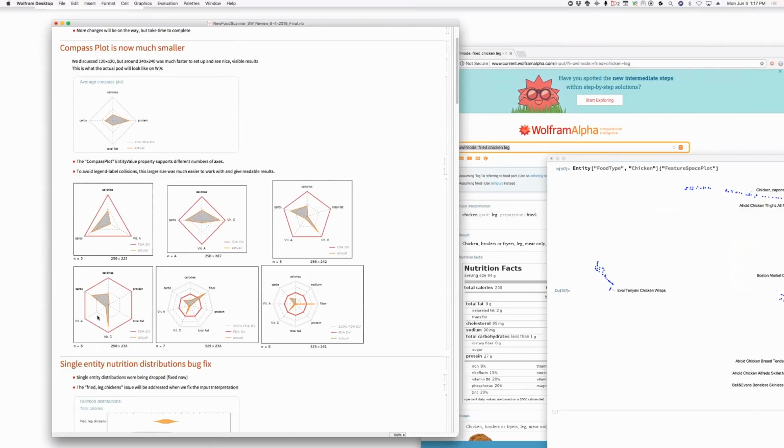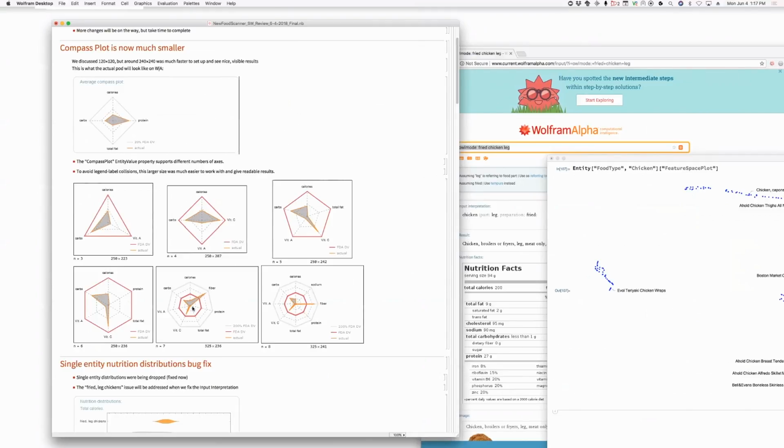What is the role of the radial lines? It's merely to guide the eye about, oh yes, that little pokey piece represents carbs. Is that correct? Right. So it's not the same type of thing. The spider doesn't have a full web here going both ways. But there's nothing special here, that's the case for any compass plot.